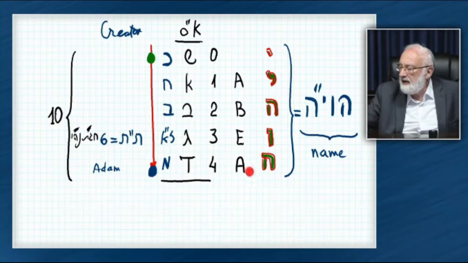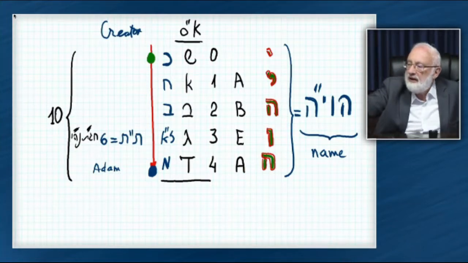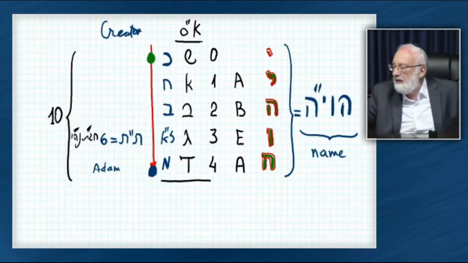As I said before, in the world of Asiya there's such a degree, the lowest degree of the world of Asiya, that is referred to as this world.